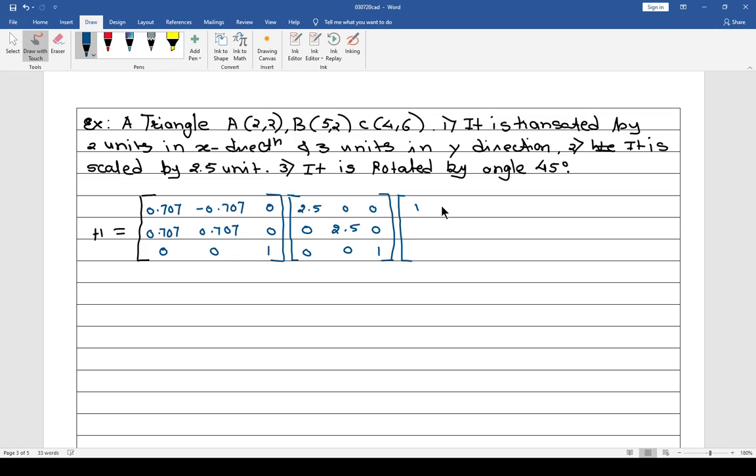So therefore 1 0 2, 0 1 3, 0 0 1. So I need to do the multiplication of this to get the solution. Okay, so this is my H matrix. So just do this operation and let me know these values.